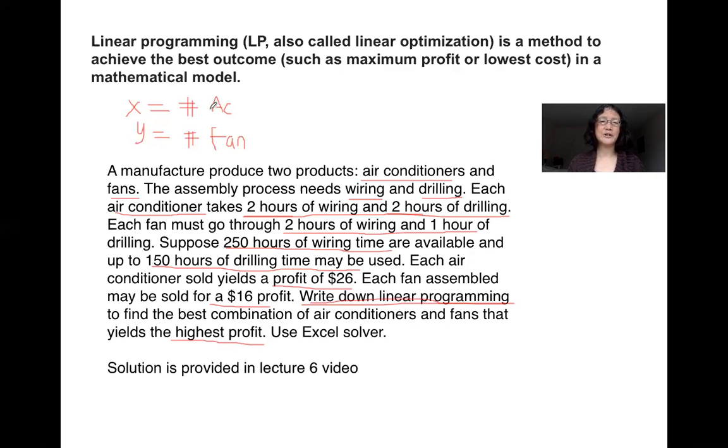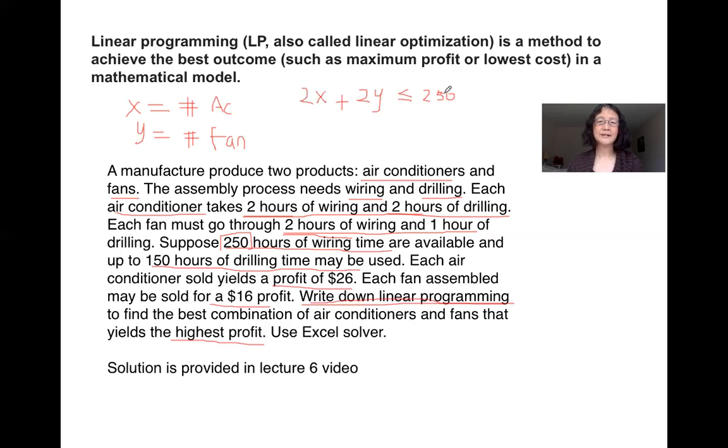So the wiring time for air conditioners is 2x. Okay. And each fan will go through 2 hours wiring time. I have Y fans. Total number of hours for wiring is 250. So those 2 numbers added together cannot exceed 250 because of the capacity. Okay. So the total number of wiring hours cannot exceed 250.